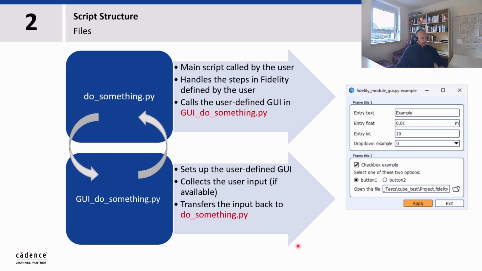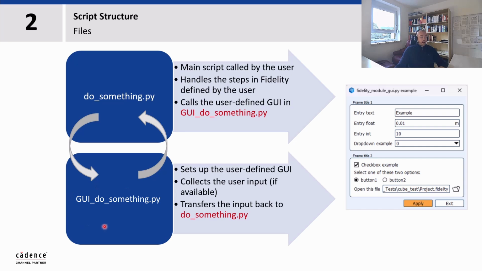So this script here builds this structure. So here we have the main window, we have a frame, and we have different GUI components. So here we have a line edit, for instance, we have checkboxes, we have a browser, and the way this user interface here is built, this is all defined in this script.